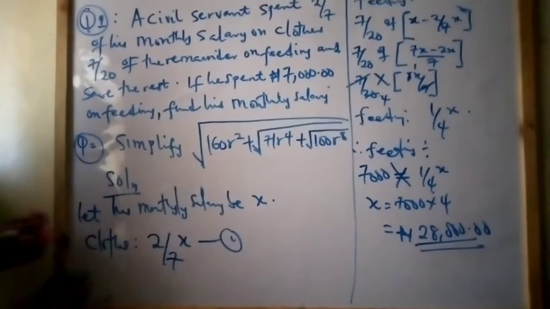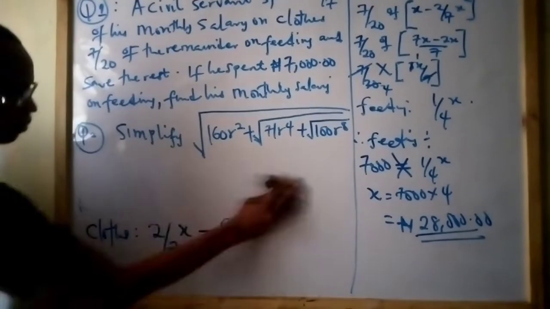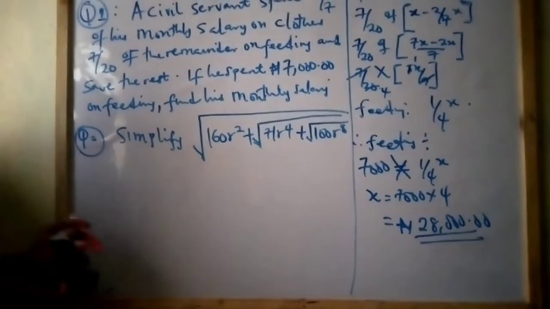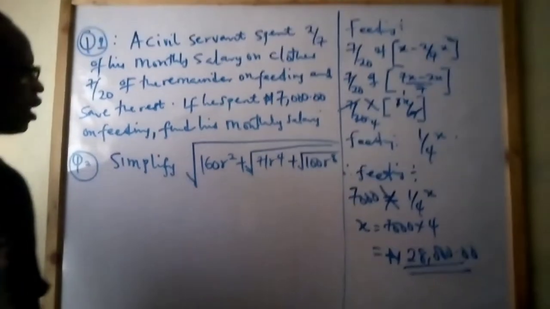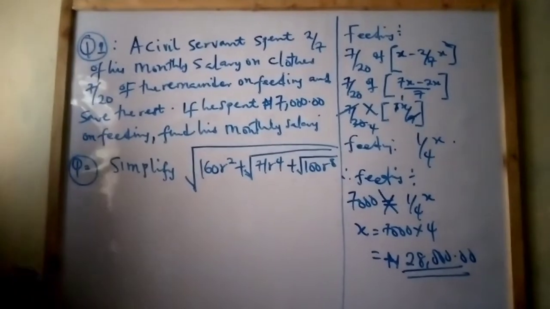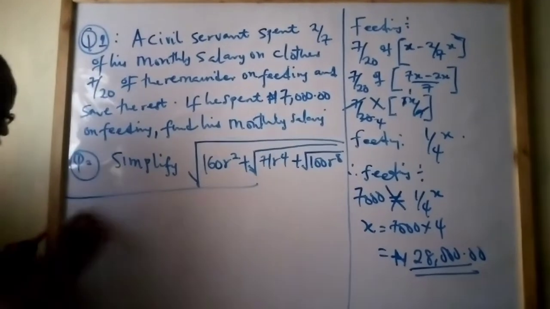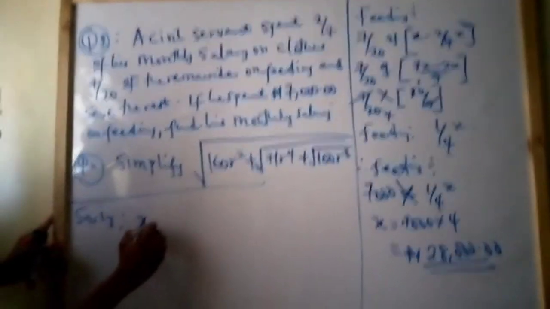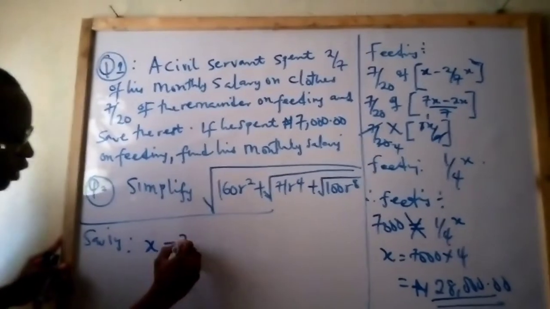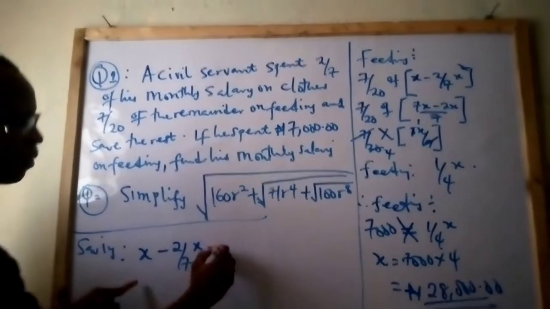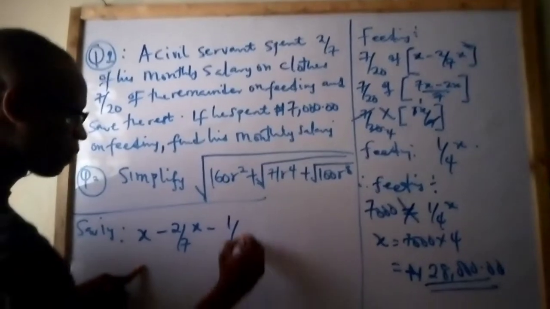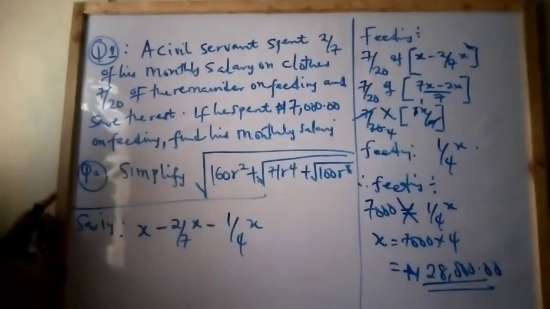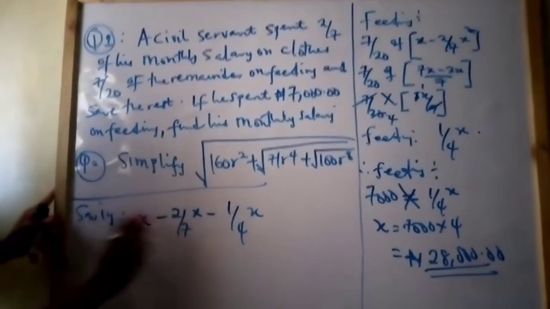The amount saved means all his expenses are for clothes and feeding, and his monthly salary is X. That becomes X minus the total amount he spent, 2 over 7X minus 1 over 4X. So this determines the amount of money you have saved.